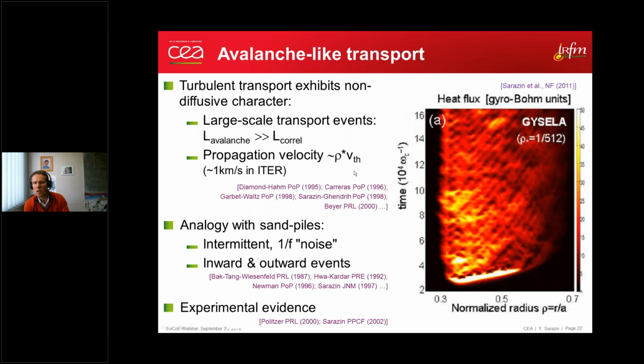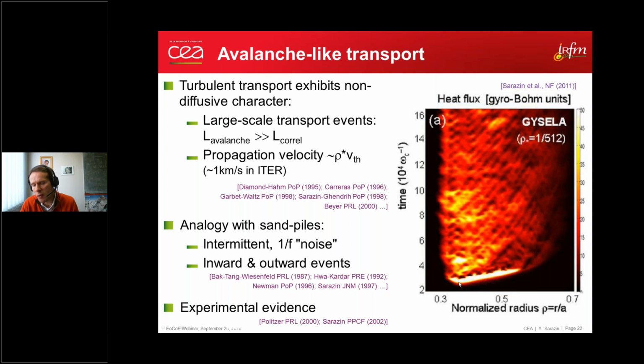And this is an example of a gyrokinetic simulation on the right, where you have the turbulent heat flux measured in the simulation as a function of time and as a function of the minor radius here. The heat source is located close to the core, close to 0.3.